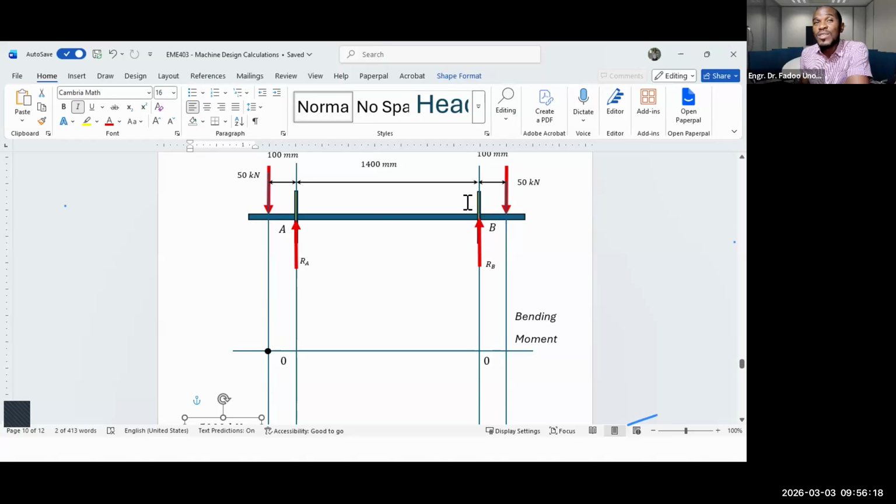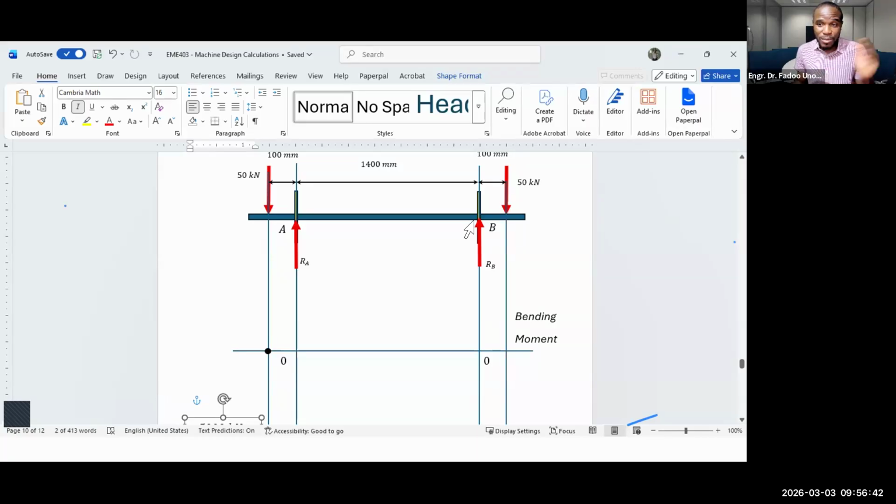And the reason why that balances this one, because we said that this system is in equilibrium. So if this clockwise moment this side is negative, the one that is coming on the right-hand side will be positive. But for value, to ease my calculation, I went to my right. But the sign of the moment at point B is negative.